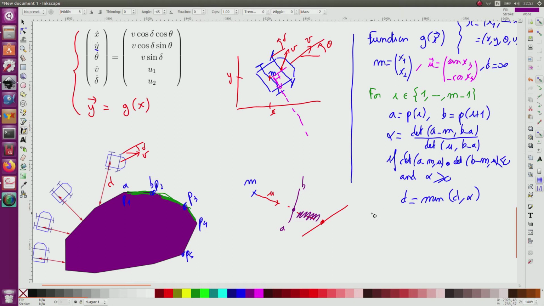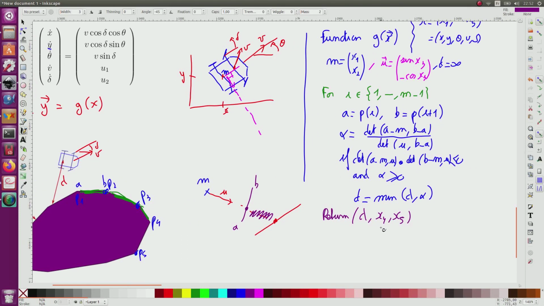And now I return at the end all measurements. So recall that the measurements are the distance d, x4 and x5, where x4 corresponds to the speed v, which is usually known on a car due to odometers, and x5 to the angle of the wheel delta.